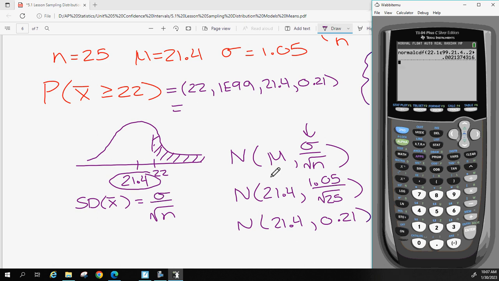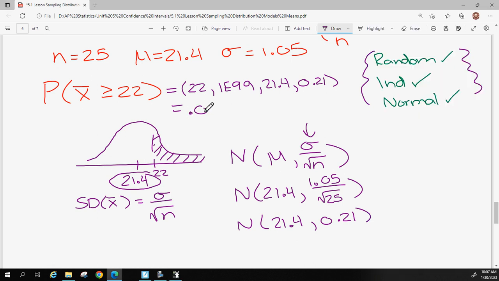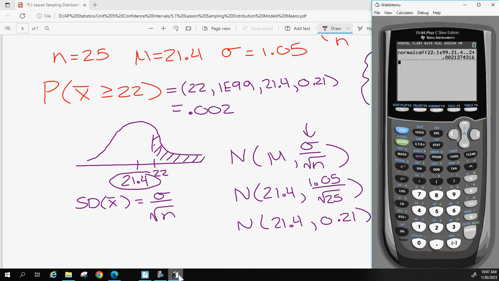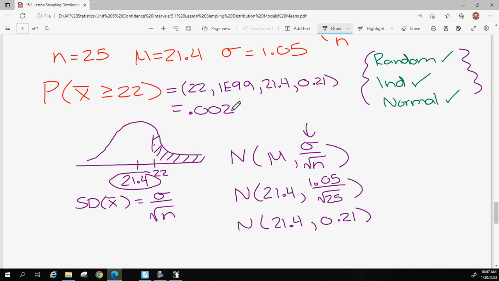And we get 0.002. I'll say 0.0021. So the probability that we randomly select 25 students and get an average score of 22 or higher is very, very small, 0.0021. So less than a 1% chance that that would be the average score.